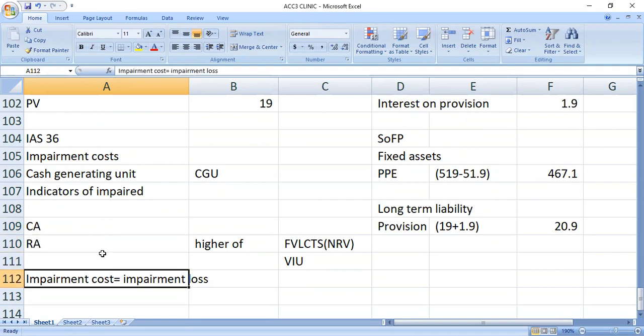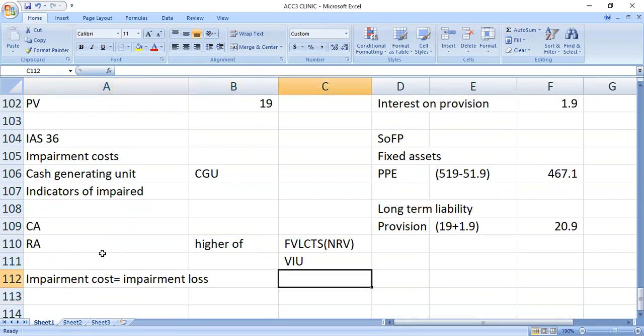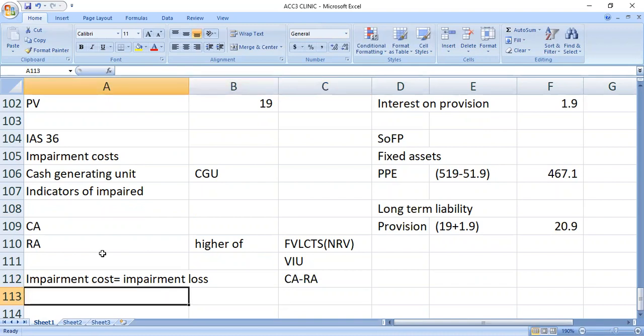That's when you have an impairment loss or impairment cost. Therefore, the loss is given by carrying amount minus recoverable amount. So that's the impairment loss.